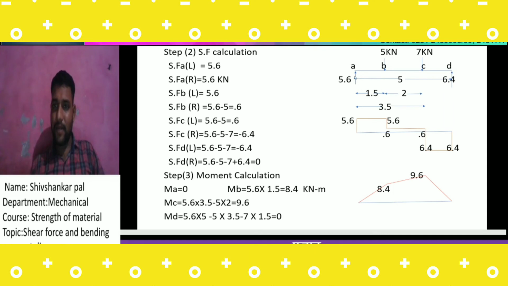Force into perpendicular distance: force is 5.6, perpendicular distance is 5 meters, so 5.6 multiplied by 5 is positive, minus sign.